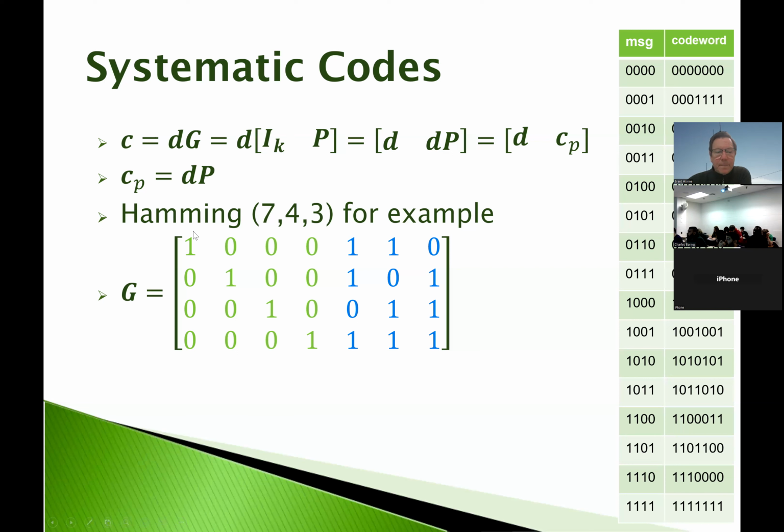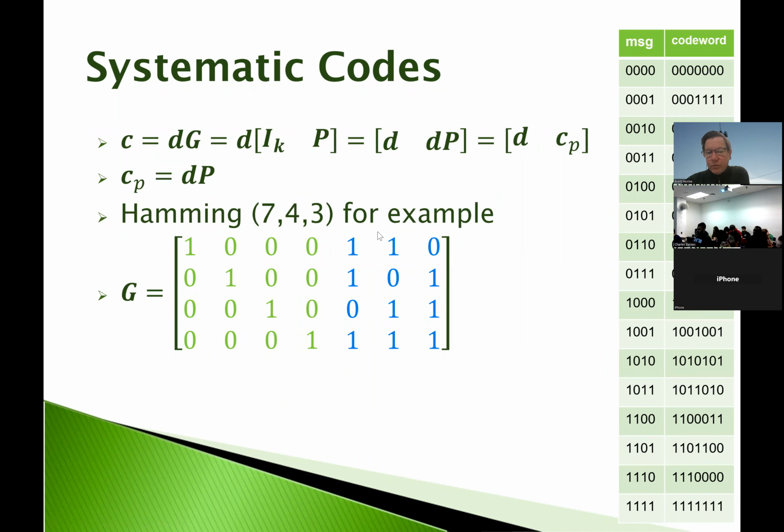And so Hamming, for example, would be this. You see here in green, that's a K-dimensioned identity matrix, right? Ones along the diagonal. When we say a 7,4,3 code, that means we have 4 input bits, our code word is going to be 7, so the difference is 3.